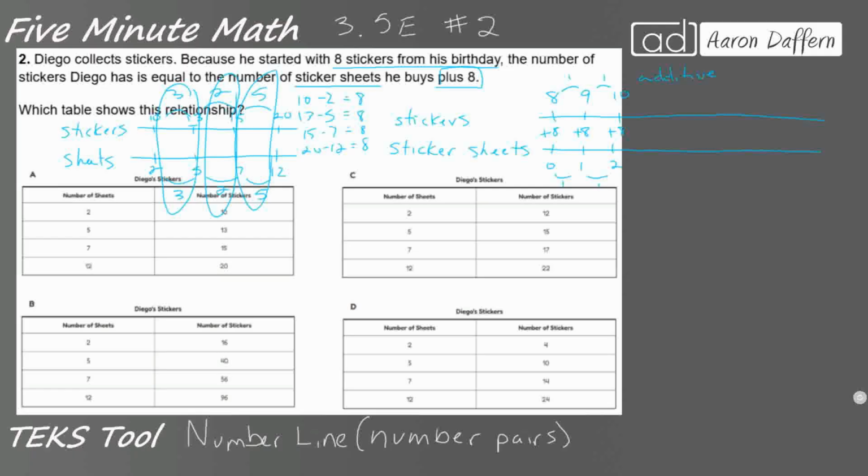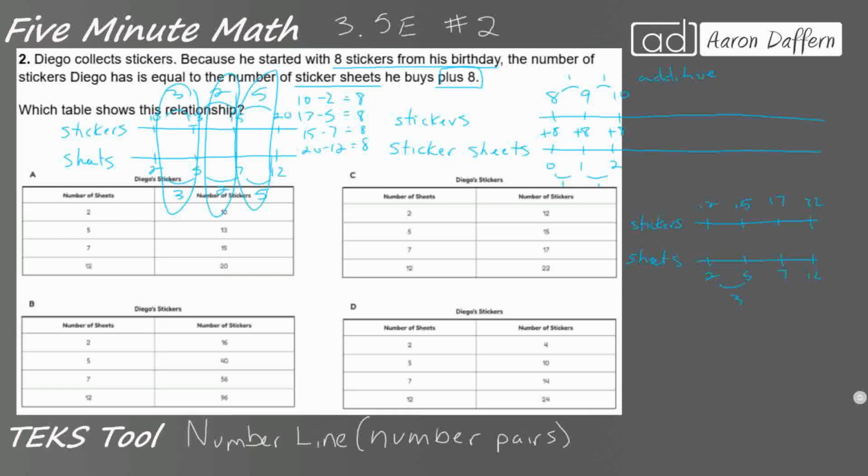Let's look at another one and see why it's incorrect, right? So let's look at C over here. So I've got my sheets and I've got my stickers. If we look at what we have here on C, 2 goes with 12, 5 with 15, 7 with 17, and then 12 with 22.